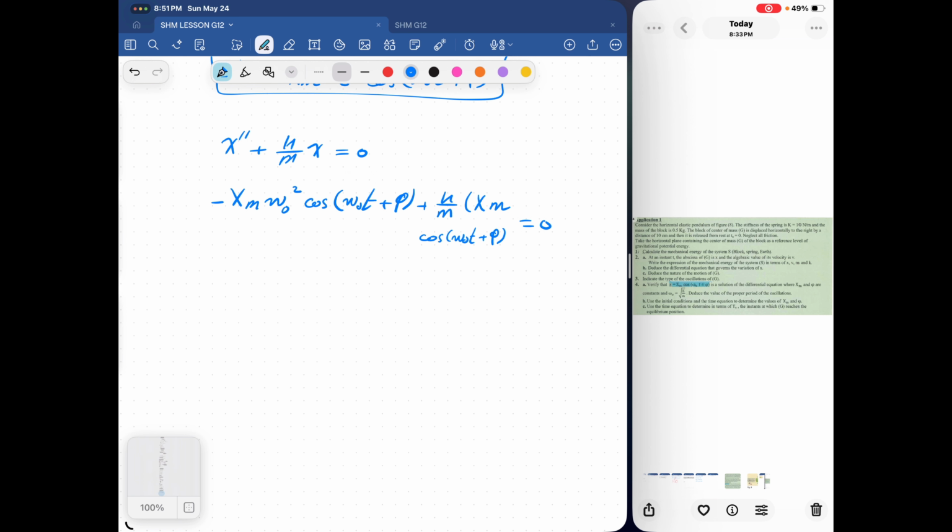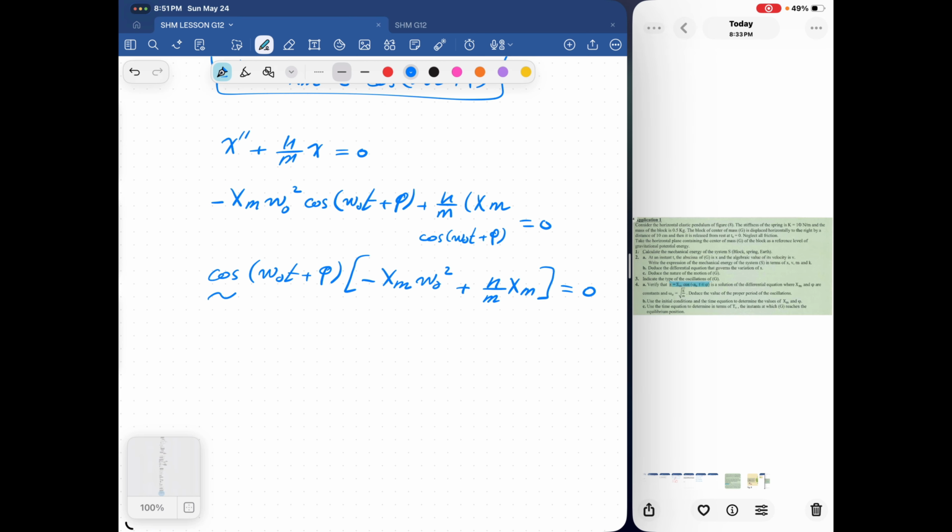We have two cosines, let's take them as common. Cosine w0t plus phi, identical functions of cosine. Between the parentheses, we have minus xm w0 squared plus k over m xm is equal to 0.